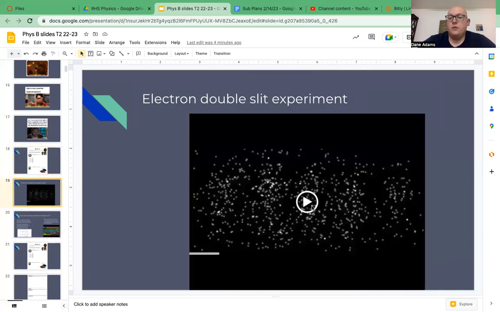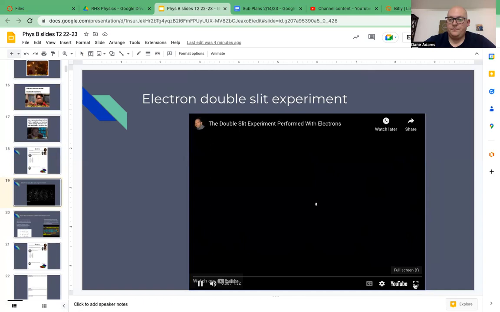So I wanted to take a look and see what we can find. Same setup, this time it's just electrons. And the same kind of setup here. Each point of brightness that you see appear is going to be a single electron showing up, marking where it pops up on the screen.